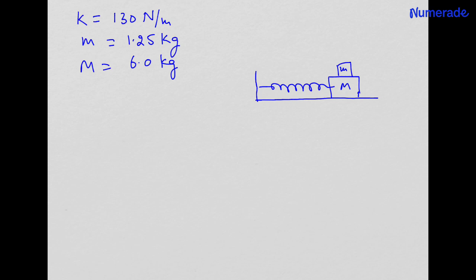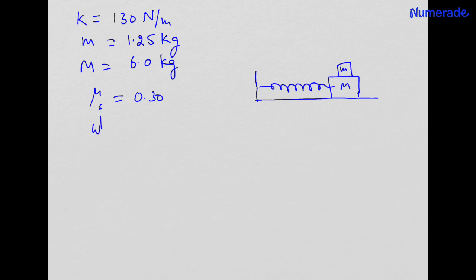The coefficient of static friction between the two blocks, mu s, is 0.30. Now, as the capital M will be oscillating, the small m kept over it will also move along with the capital M due to the friction.